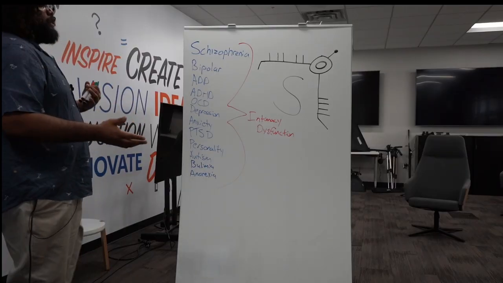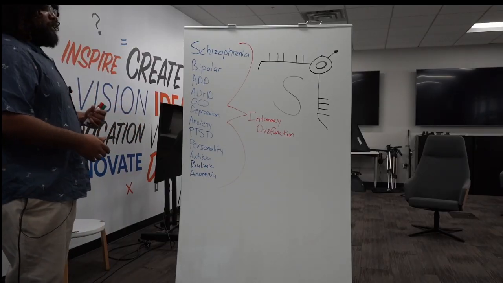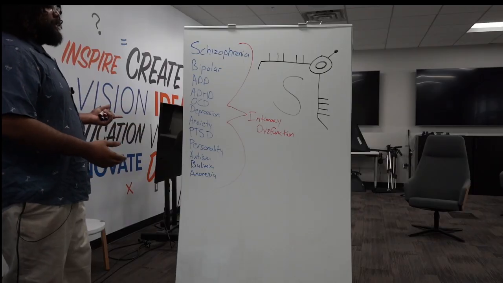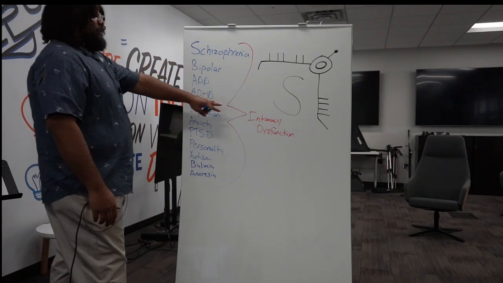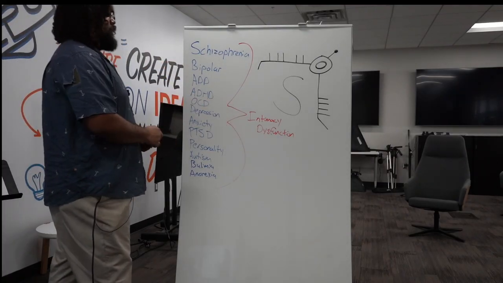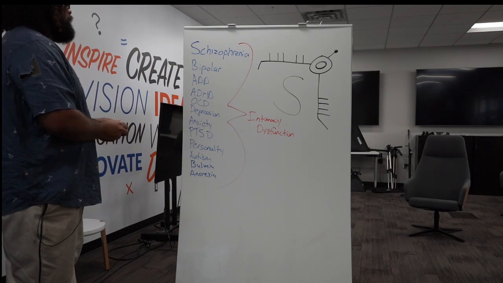And then you have to be able to move away from that and either come back and try again later or do something else. So every one of these that are mentioned here are part of a process that interrupts intimacy dysfunction, and I can demonstrate that fairly quickly.